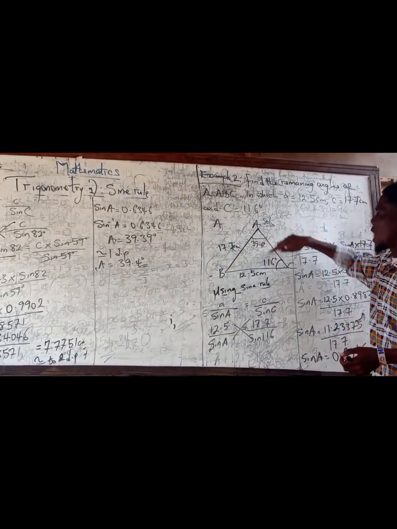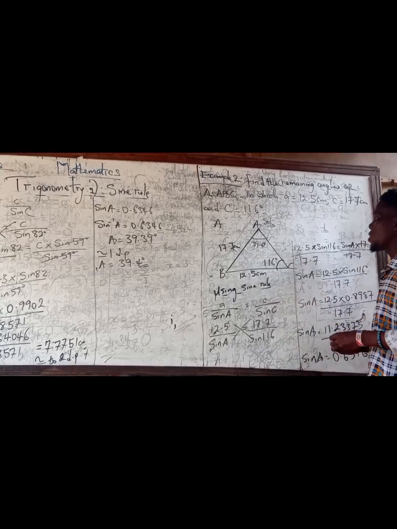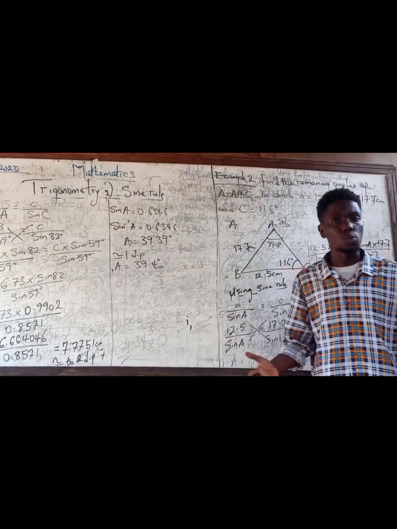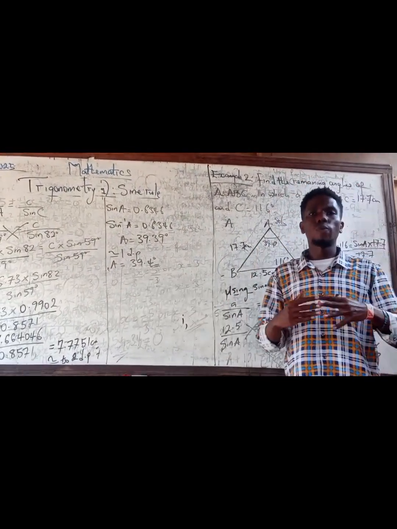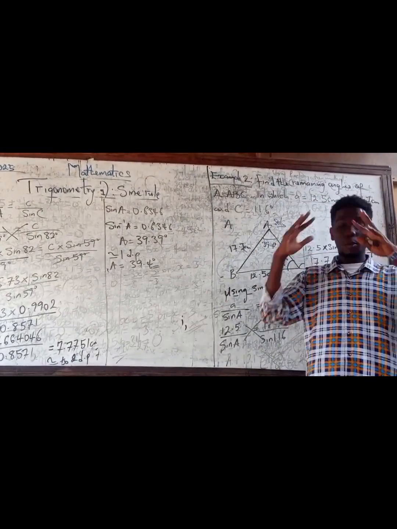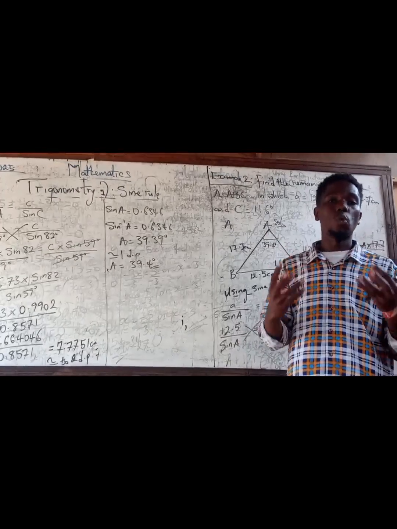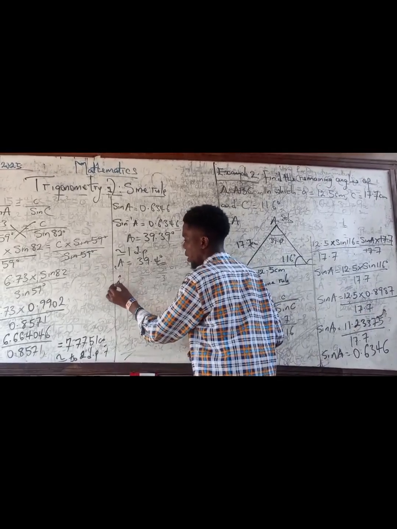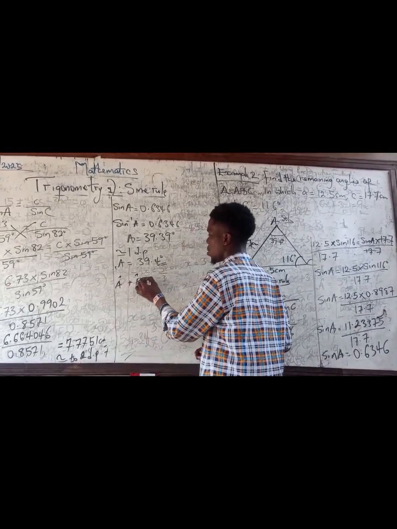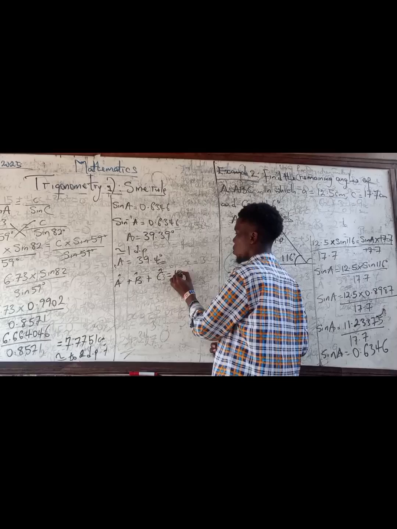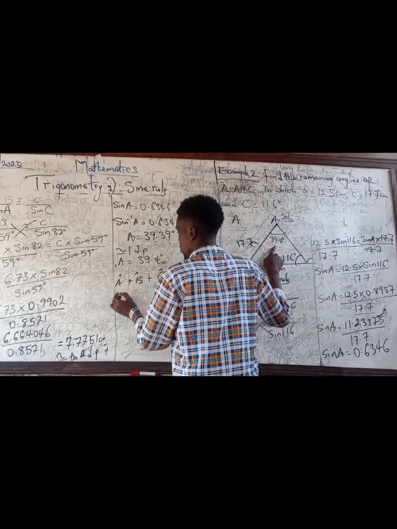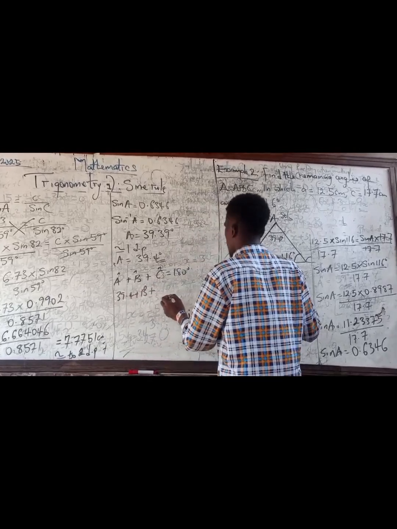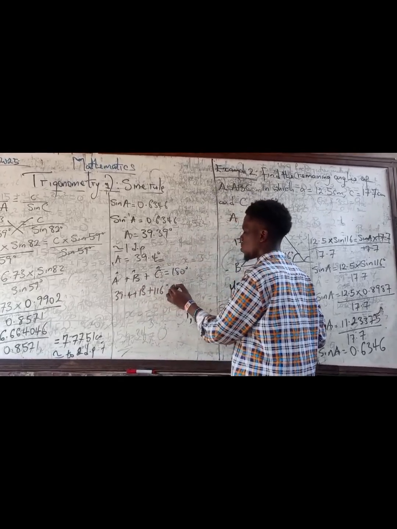Whenever you have two angles in a triangle and you're looking for the third angle, all you need to do is add them up and equate them to 180 degrees. So angle A plus angle B plus angle C must equal 180 degrees. A we have 39.4, B we don't know, but we know C is 116, equal to 180.